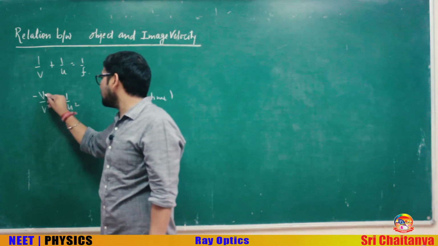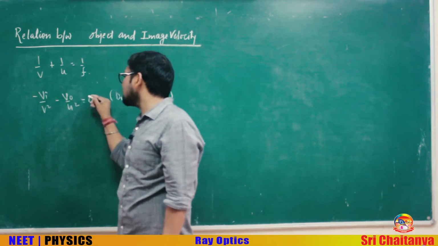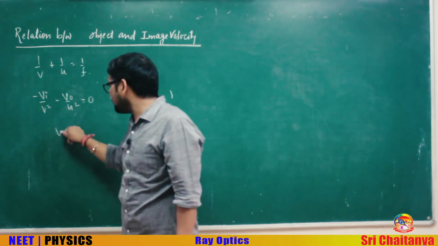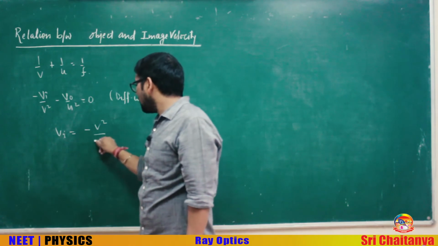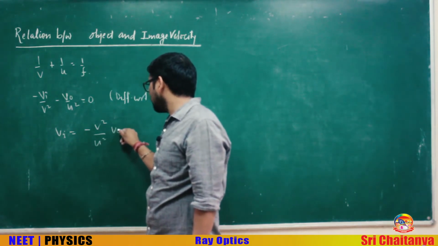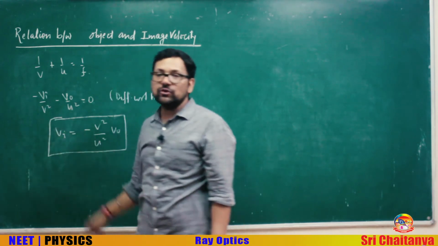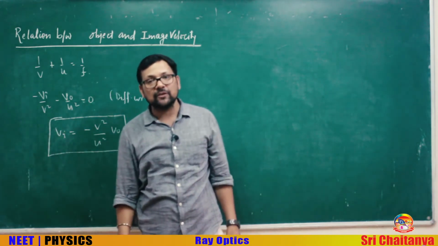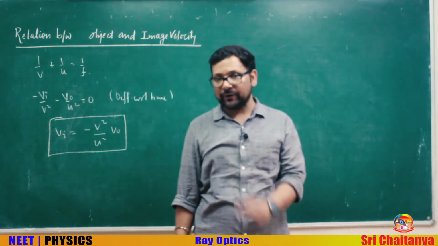So let's write that vi and let's write that vo. Focal length being constant is 0. So what will be vi? vi will be minus v square upon u square into vo. This is the relation between velocity of image and velocity of object in spherical mirror.